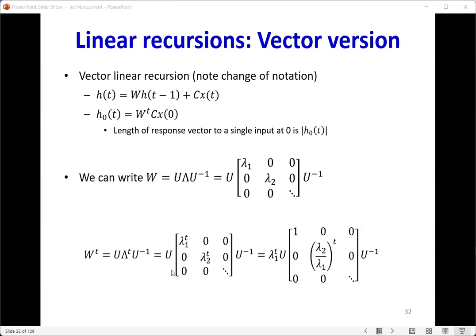And this lambda raised to T is simply a diagonal matrix where all the diagonal entries are the individual eigenvalues raised to T. Is this part making sense? I can pull out the largest eigenvalue and say lambda 1 raised to T times U. Now this first entry becomes 1, and all of the other entries are lambda 2 over lambda 1 raised to T, lambda 3 over lambda 1 raised to T, and so on. Does this make sense?